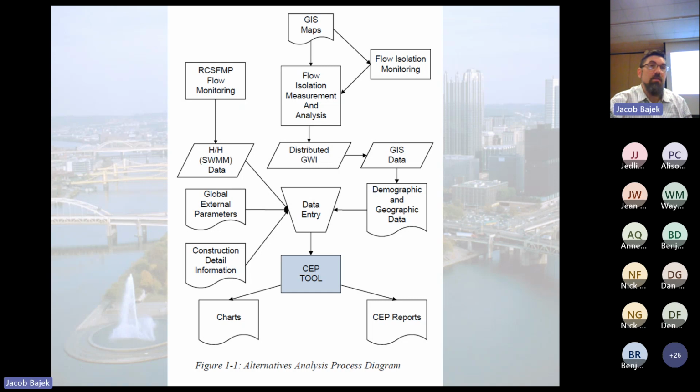Each subunit has a lot of different input fields for demographic and geographic data. All that comes into the CEP tool. We'll look, the ad hoc committee is going to discuss global external parameters. We're going to input updated construction detail information, and then the CEP tool, once you have everything loaded, it runs with 1 click, and then you have your output.